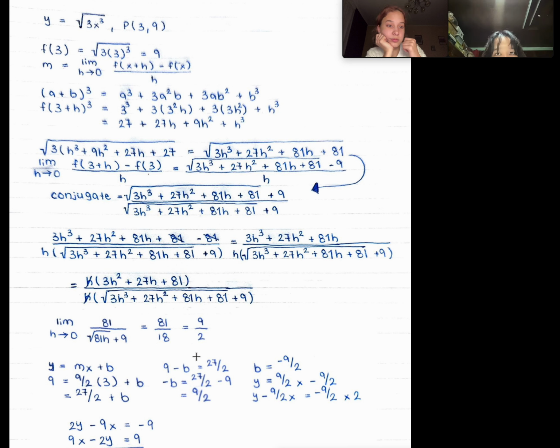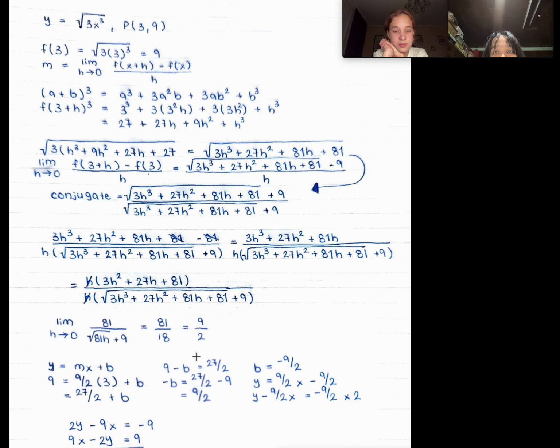So the limit as h approaches 0, and we use the formula again and just substitute the numbers, which will become f of 3 plus h minus f of 3, divided by h. This will equal the cube root of (3h cubed plus 27h squared plus 81h plus 81), and we also use the 9 that we found in the very first step, minus 9.